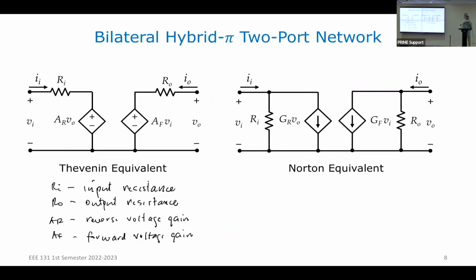That's going to be the same. GF, you call this your forward transconductance. And then GR is your reverse transconductance.